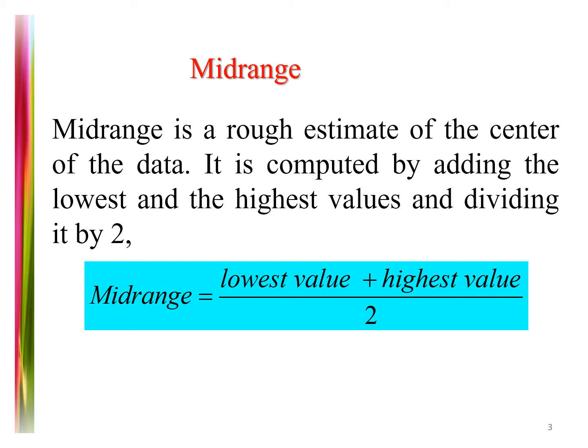This is just a rough estimate, because the mid-range calculation only depends on particular observations in your data, the lowest value and the highest value. That means this is not a good method of central tendency, but maybe 40 or 50 years back people used mid-range.